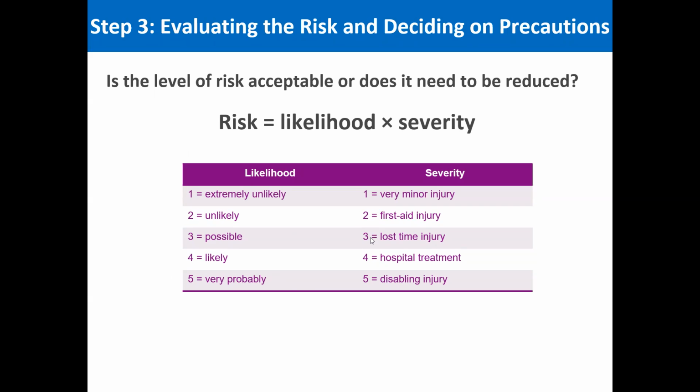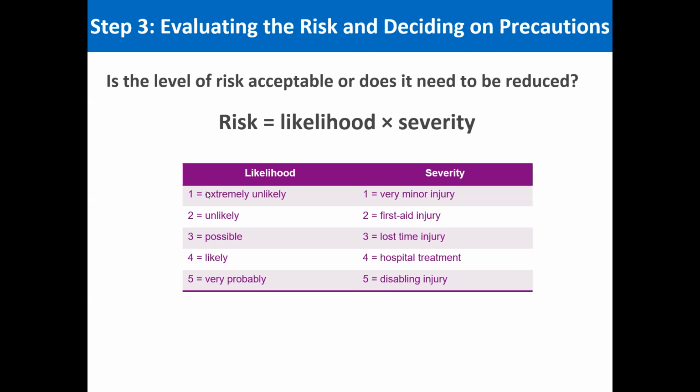Then if there is an injury which will force the worker to miss 1 day of work, we call it a lost time injury. Then if the injury is even more severe and requires hospital treatment, we'll give it a rating of 4. And a disabling injury or a fatality will have a severity rating of 5.